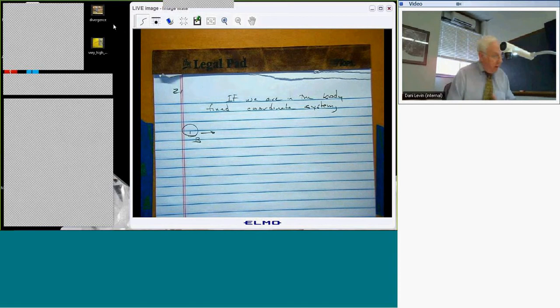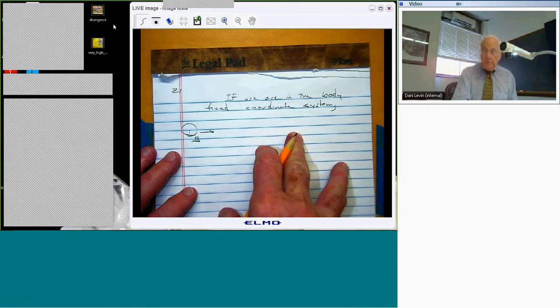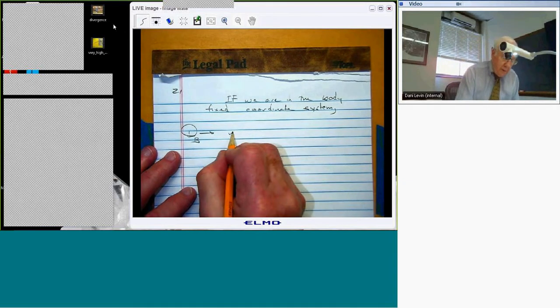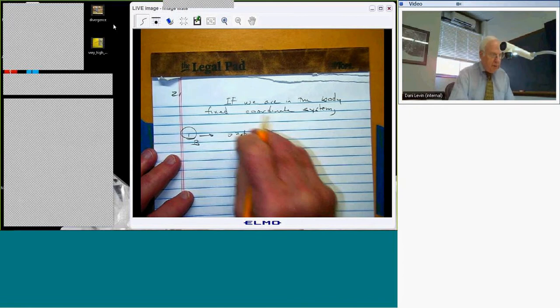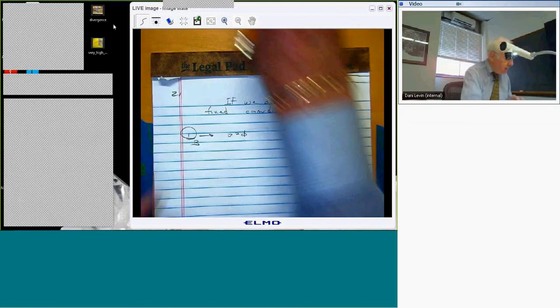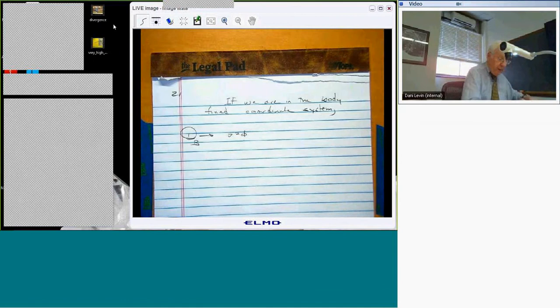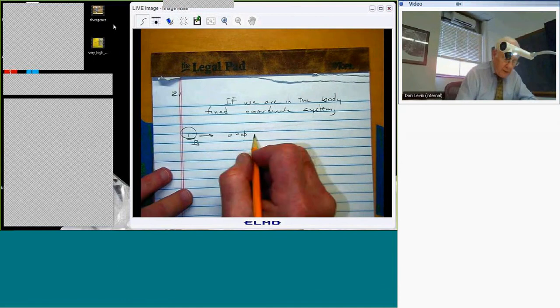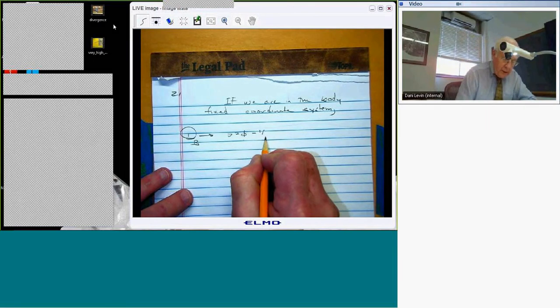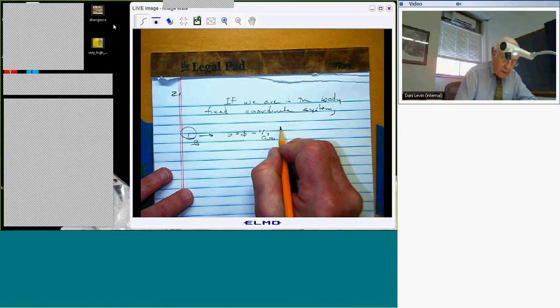Remember, it was the wave equation before. Well, del squared phi is still there. And then I have minus 1 over a squared infinity.